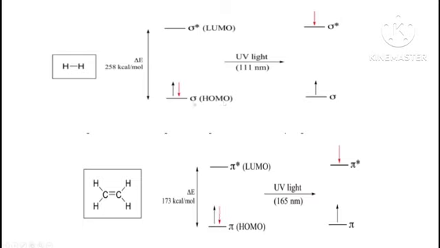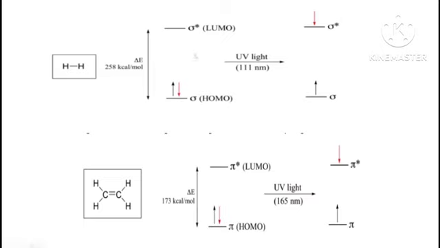So here you don't have an option to select which is LUMO and which is HOMO. It is obvious that this will be our HOMO. Why? Because it is the only occupied molecular orbital that we have here, and this is the only unoccupied molecular orbital. So this is going to be our LUMO, and this is going to be our HOMO, right? If an electron is able to jump from the HOMO to this LUMO, then we say that a HOMO to LUMO electronic transition has occurred.